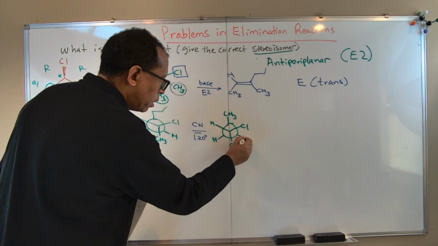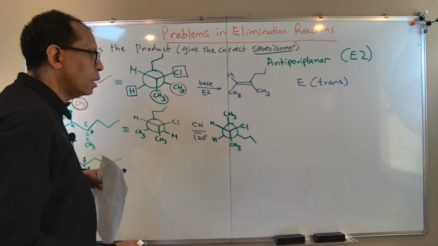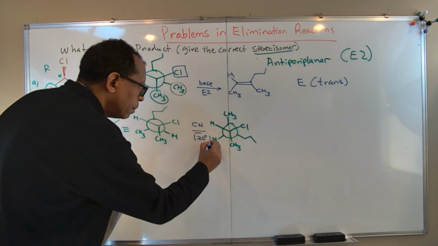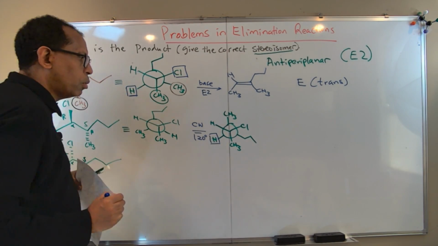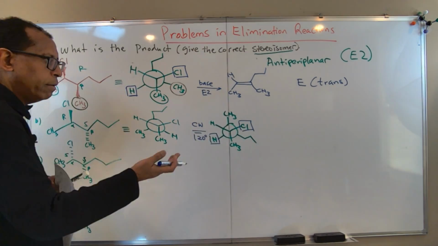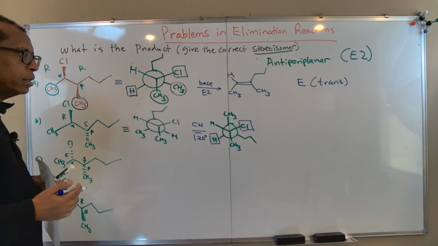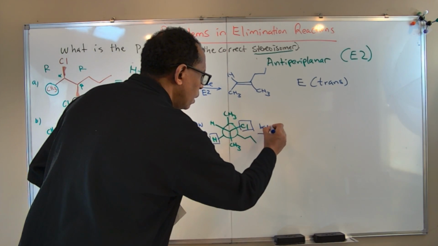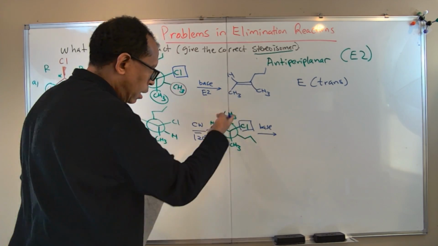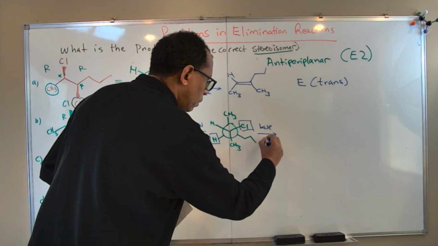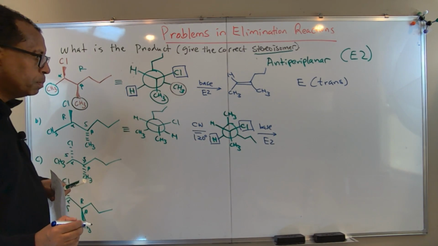So I'm just rotating only the back. So this is a Newman projection. Now I have lined up a hydrogen to be abstracted and chlorine to leave together as hydrochloric acid. This is done if you apply base, anti-periplanar is achieved, and then you have E2. Obviously it is an E2 mechanism.